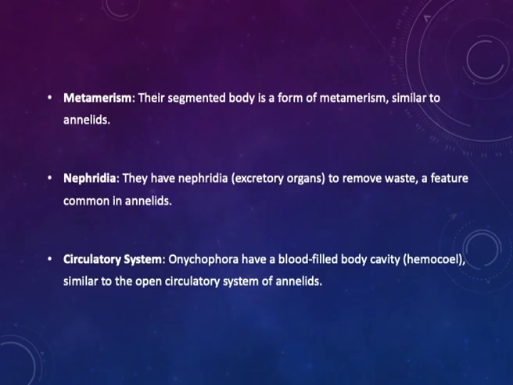Nephridia are present in Annelida and also present in Onychophora, a similar feature in both. That is the relationship similar in two phyla. And circulatory system. Onychophora have a blood filled body cavity, that is hemocoel, similar to the open circulatory system of annelids. So, that is the similarity between these two phyla.